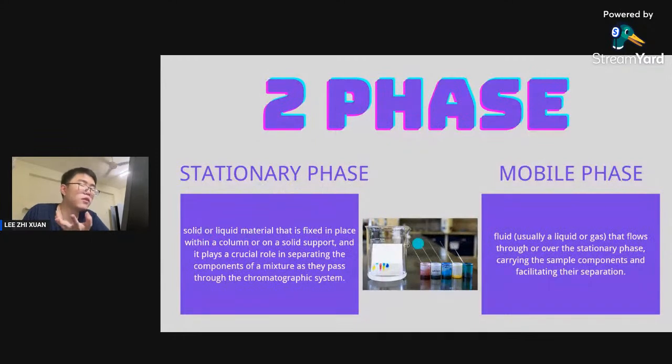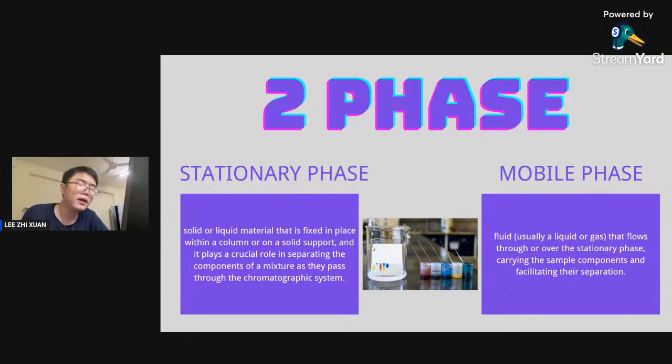Solid because this is paper, so it's solid. For liquid, like I already said, gas chromatography or high performance liquid chromatography, it is liquid material. But for your case now, it is solid material. So paper chromatography is the location that acts as the stationary phase for the separation of the chlorophyll pigment.